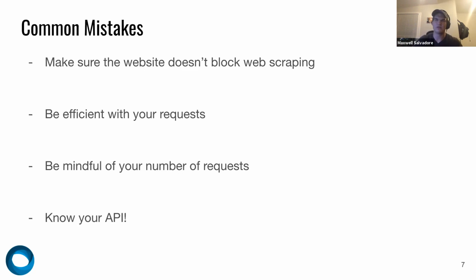So if you end up making too many requests to a website, it will think that you're trying to attack it and shut it down. And so sometimes they'll block you. Maybe they don't think you're malicious, and maybe they just block you in order to decrease traffic. This is the case in a lot of APIs.